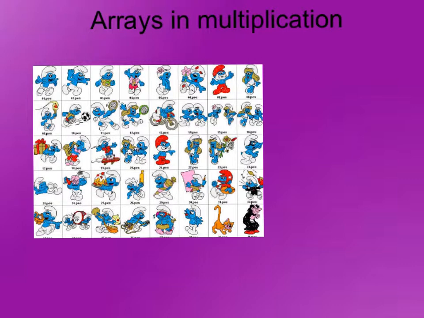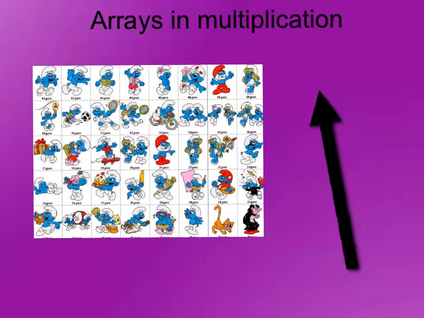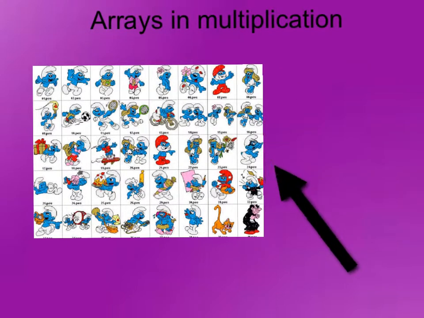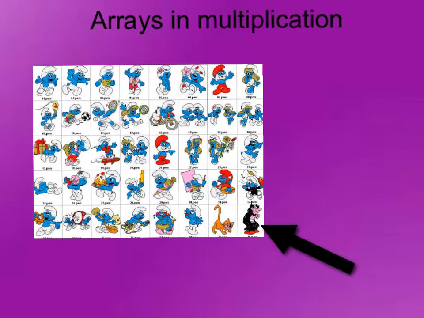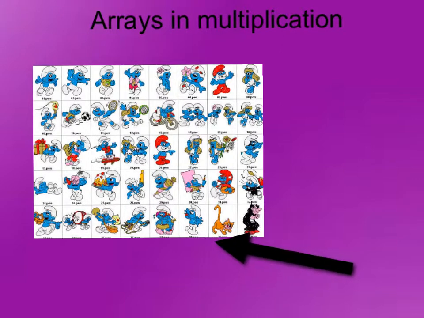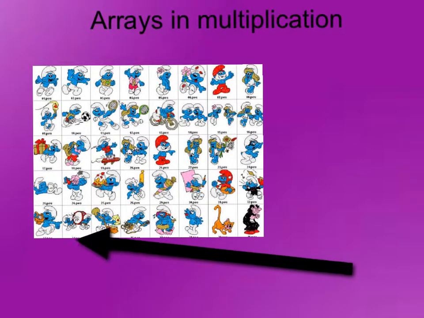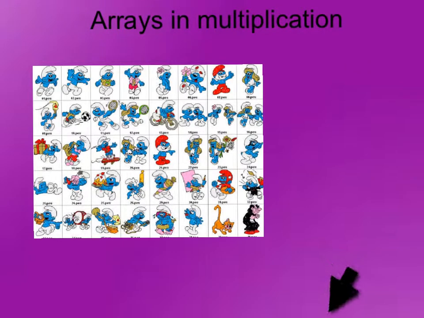Let's see if we can write a number sentence to match this picture. First of all, we have rows, 1, 2, 3, 4, 5 rows with how many Smurfs in each row? 1, 2, 3, 4, 5, 6, 7, 8.